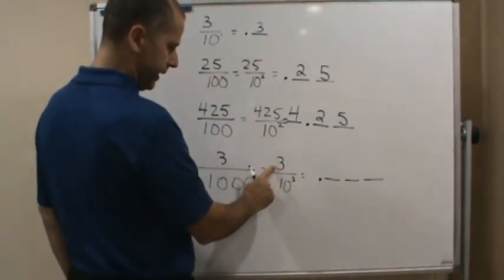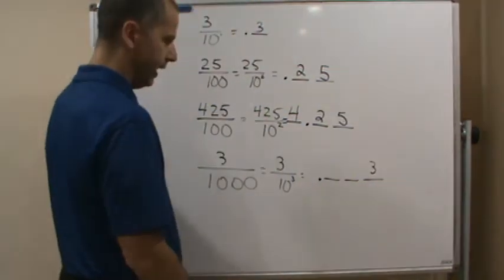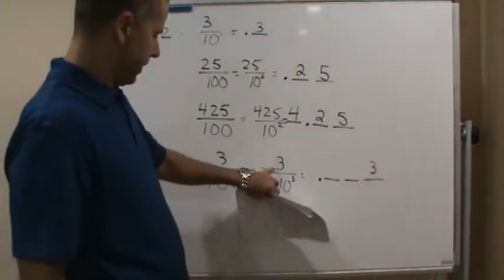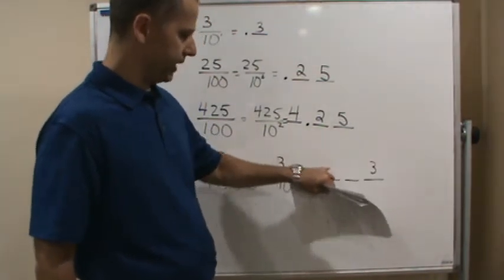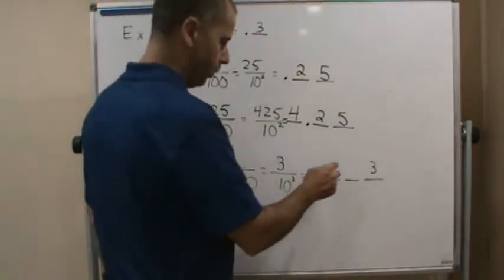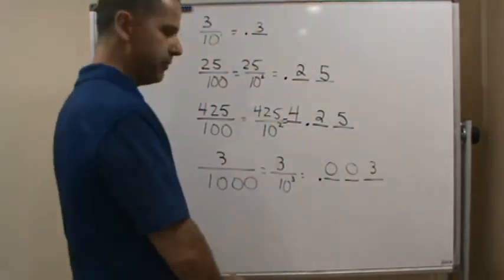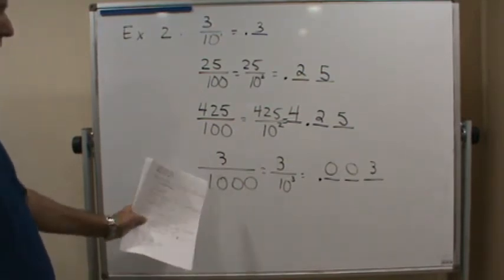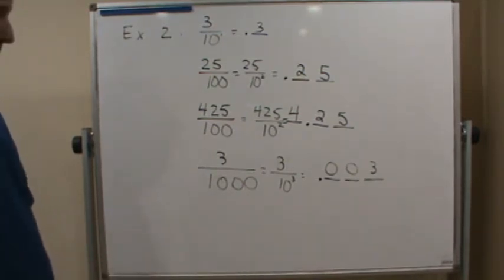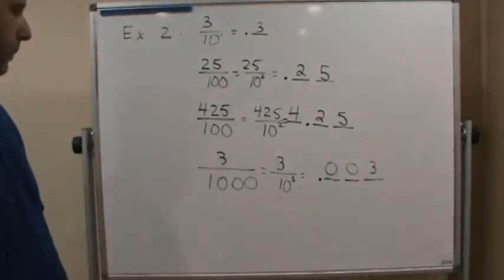And so the 3 is going to go way over here to the rightmost blank. And now that's it. We only have a 3 up here. So what do we do here? Well, any other blanks to the left, we're going to fill in with placeholder values of 0. And so 3 thousandths is equal to 0.003. And that's it.